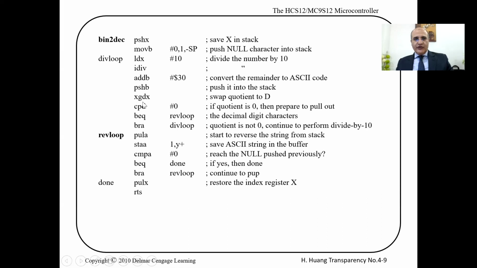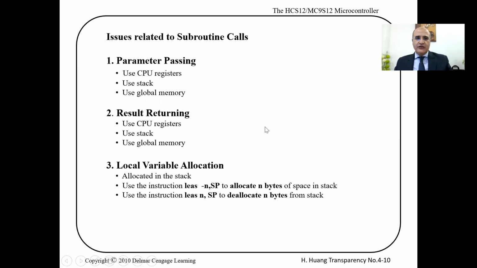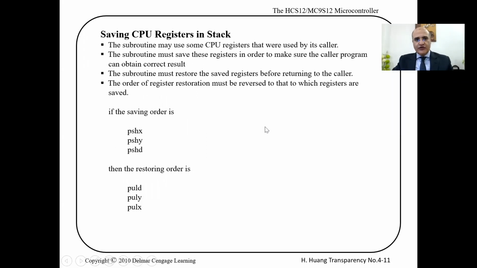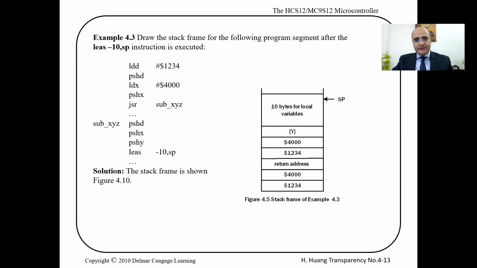Whenever you want this code to be executed, you say BSR binary to decimal. That's it. It will go execute, send the program counter, execute these, and the RTS will return to where it was. Okay, next time we'll see how we pass parameters to subroutines, stack frame.